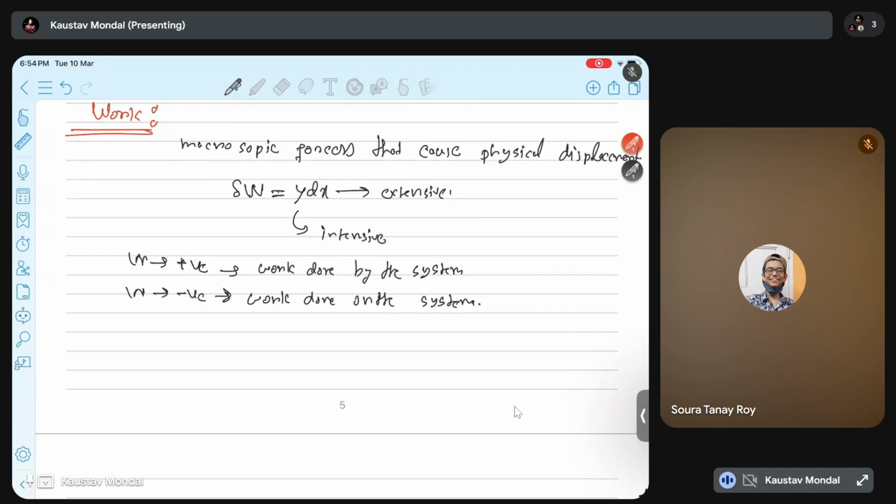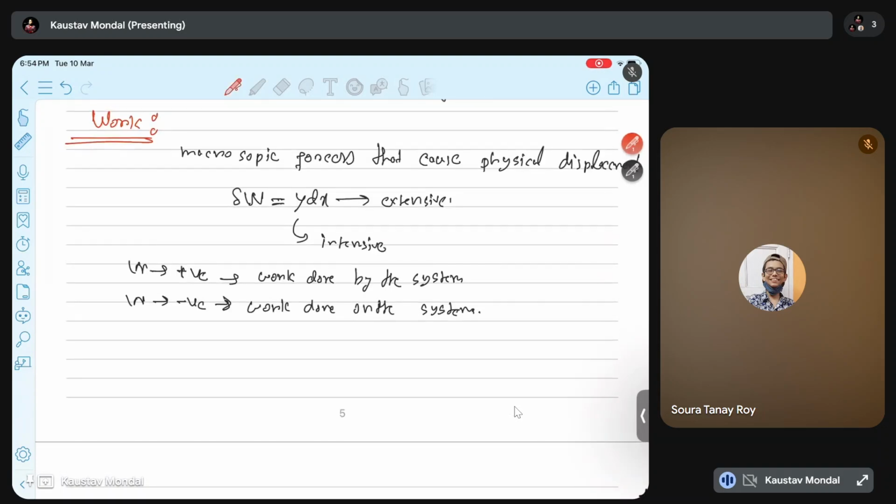In general, for a gas system, we take pressure as the intensive variable and volume as the extensive variable. For different types of systems, we can take different intensive and extensive parameters.